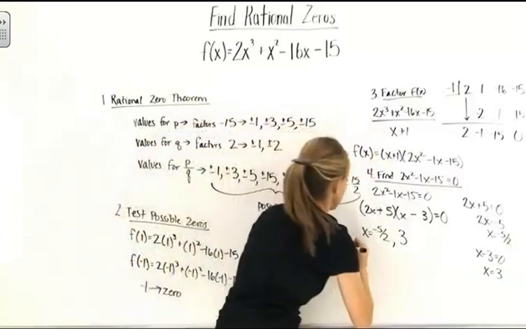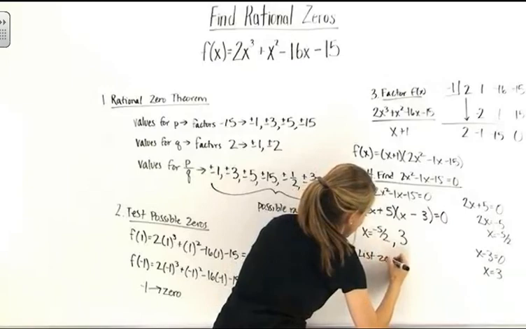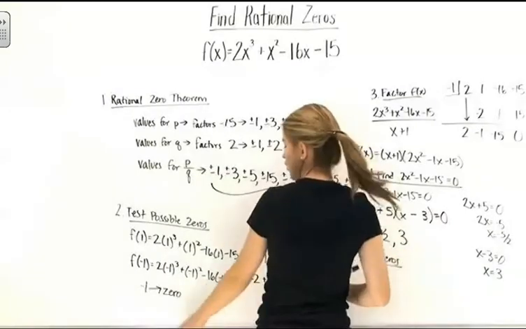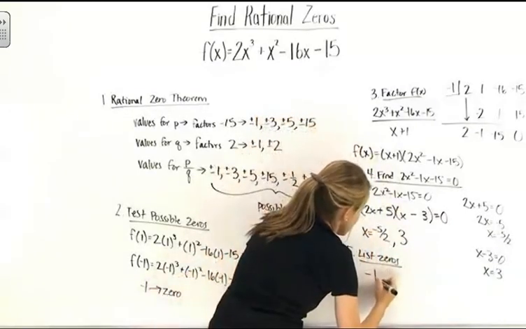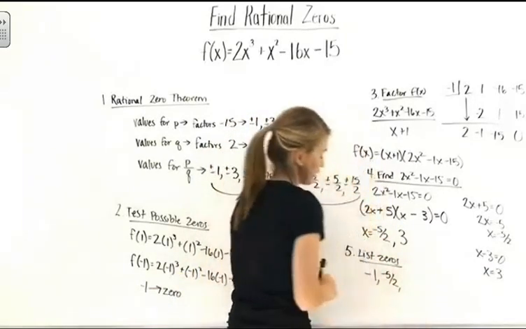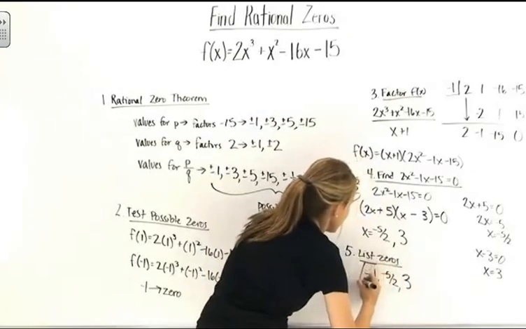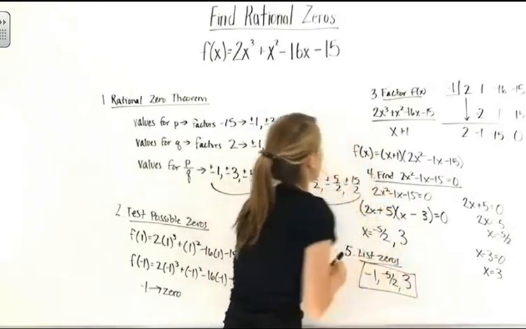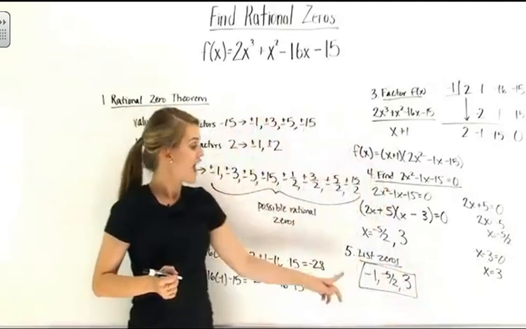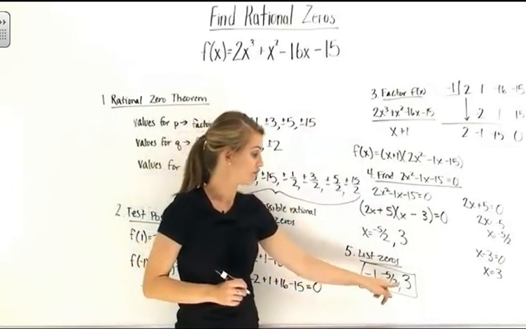So let's go ahead and list all the zeros of our function. We found originally that our first 0 was negative 1. Then we found our 0 was negative 5 halves, another 0. And lastly, another 0 was 3. So we found that this function, a polynomial with degree 3, had 3 zeros, negative 1, negative 5 halves, and 3.